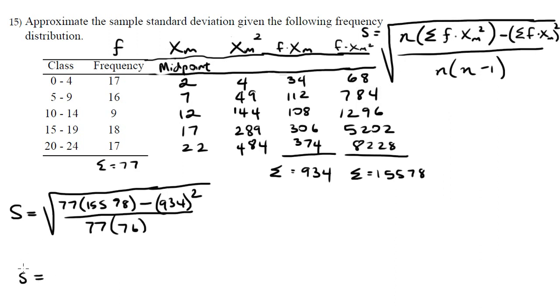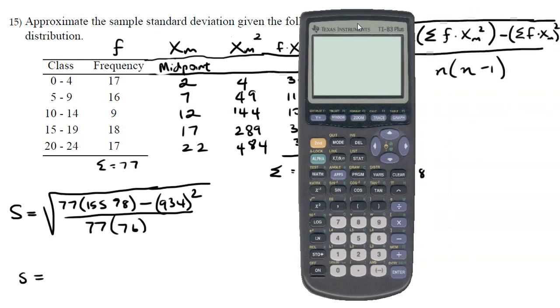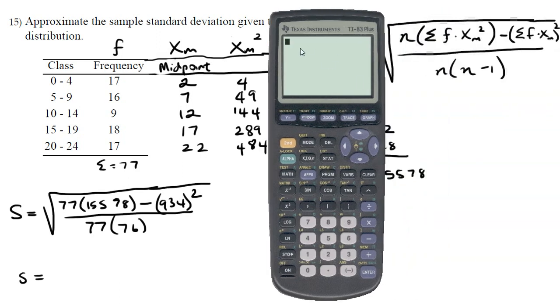Now I'm going to put this all into my calculator in one step, and then I'll check it against substituting these values in normally. So we've got the square root. I have a numerator, so 77 times 15578 minus 934 squared.